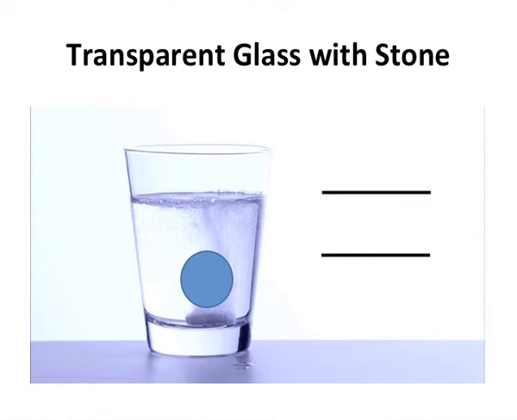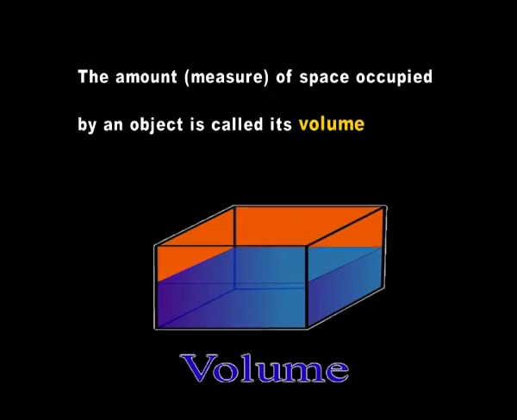This experiment shows that the stone has displaced some water, which is equal to the amount of space occupied by it. This is so because the stone occupies certain space. That is, the volume of the stone is equal to the quantity of displaced water. Therefore, the amount or measure of space occupied by an object is called its volume.